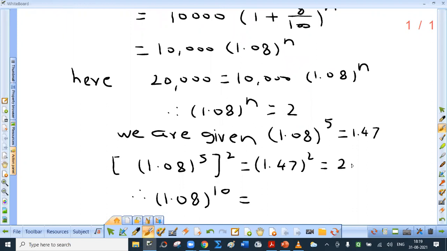One student is saying 2.1609. Is it 2.1609? Approximately equal to 2.